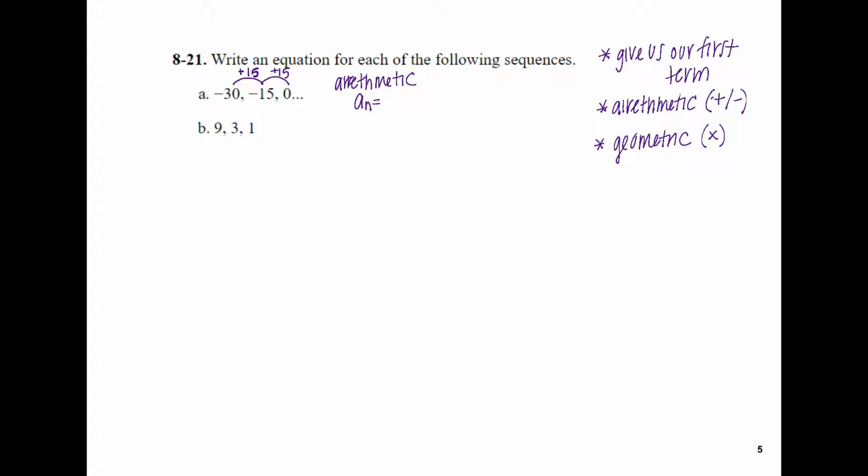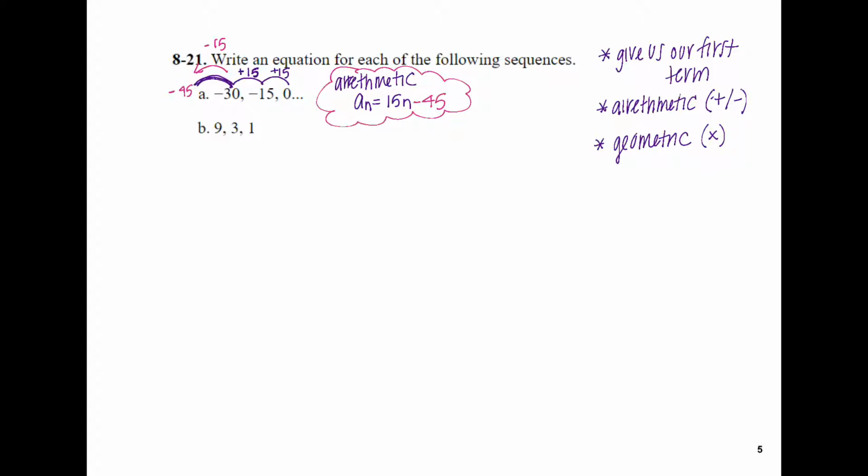I know that it's changing by 15 each time, so 15 times n, but then I need to find my 0 term. So the inverse of adding 15 would be subtracting 15 to go this direction, which would give me -45. So we put -45 as our 0 term, and we just wrote an equation for our sequence.